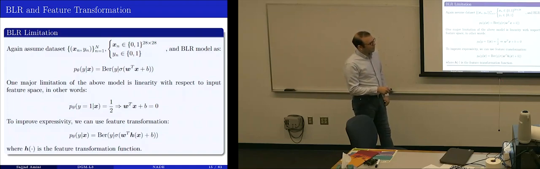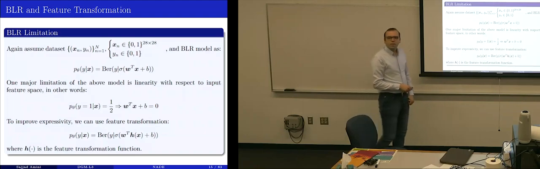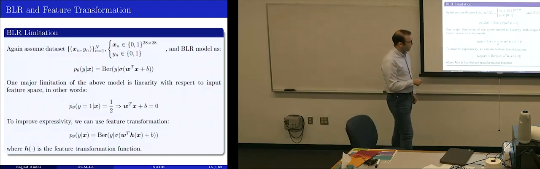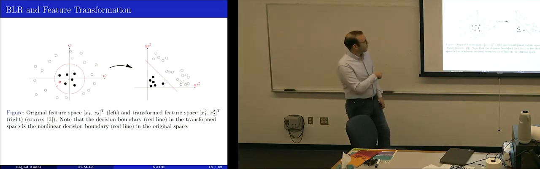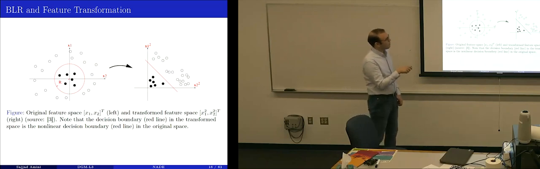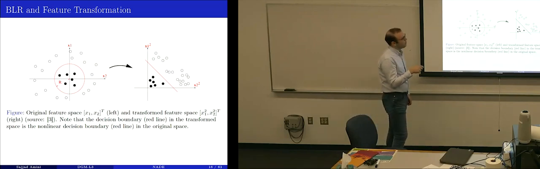So we can use this technique. Instead of using x itself, we can use a transformation of x, which we call h of x. H is also another vector. So h is the feature transformation function. This is the case that I talked about here. You see that in the original world, the samples are not separated using a line.